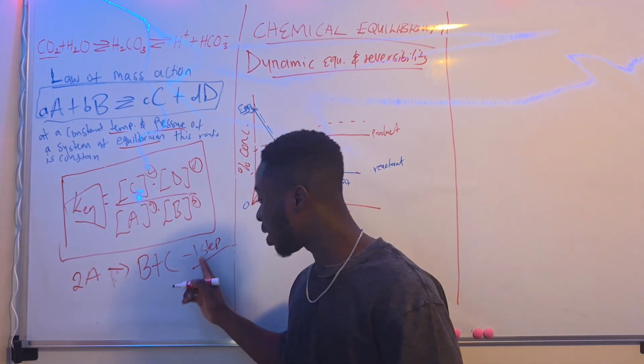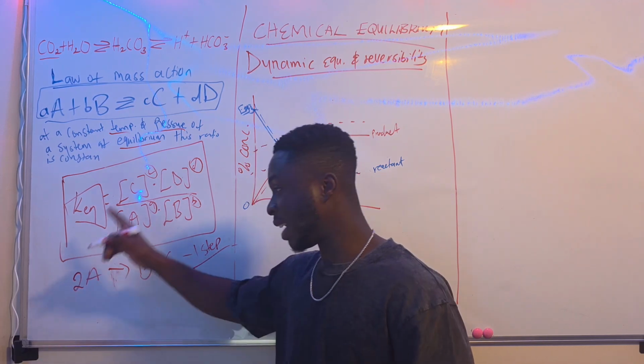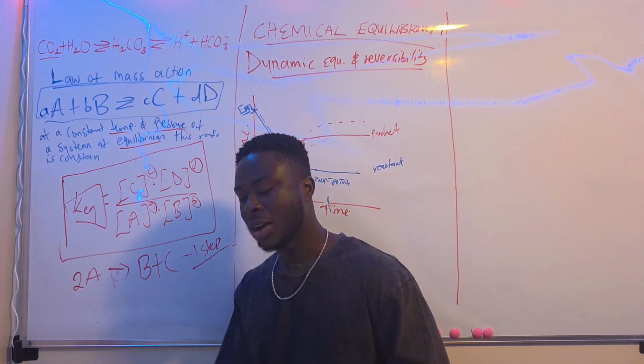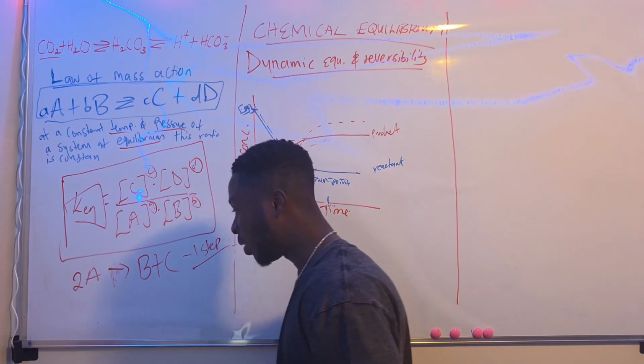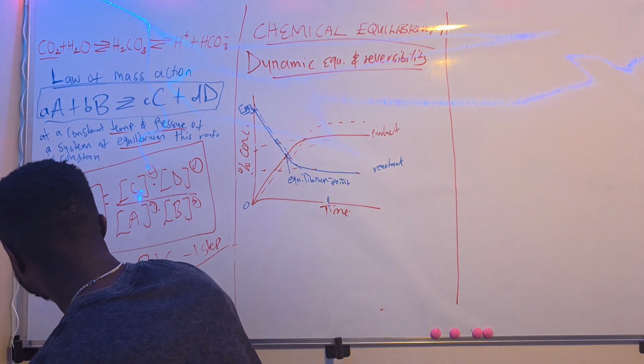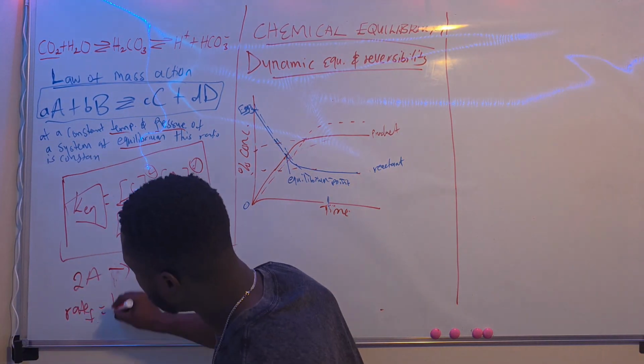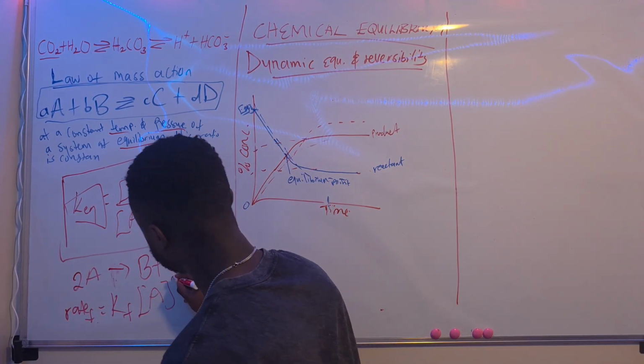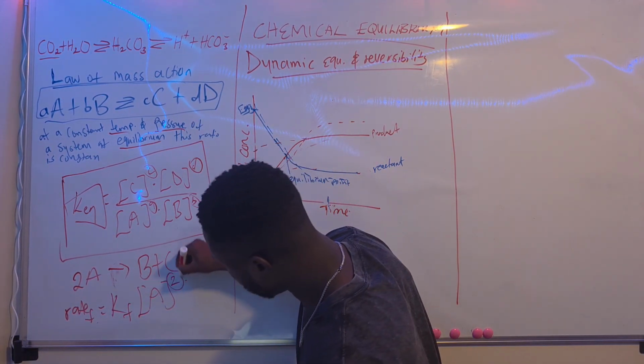So if it is a one-step reaction and it represents the actual reaction mechanism, I could infer that the rate of the forward reaction is equal to the forward rate constant times the concentration of A to the power 2.